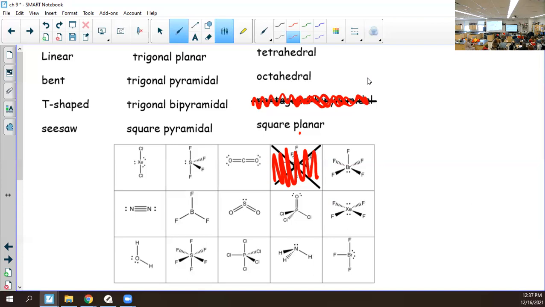Okay, I'm going to give you one more minute. Octahedral, 6 because there's 8.